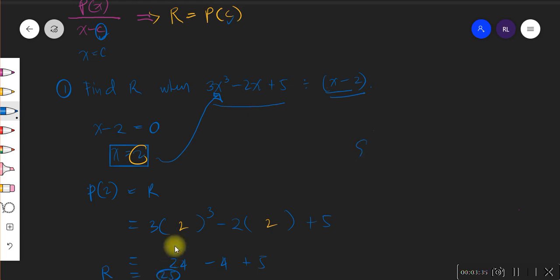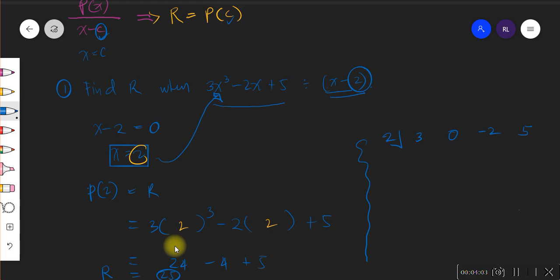But let's find the remainder using synthetic division, so we'll see if it really matches r equals 25. Remember, in synthetic division, we get positive 2 for the divisor. Then take the coefficients of our polynomial: 3, 0 because there is a missing term, negative 2, then 5.